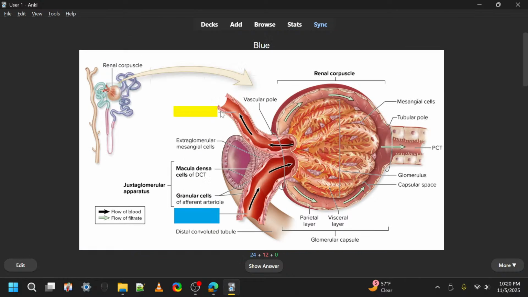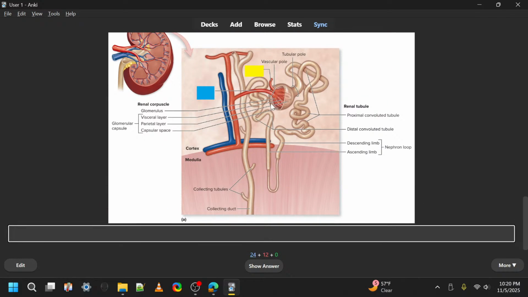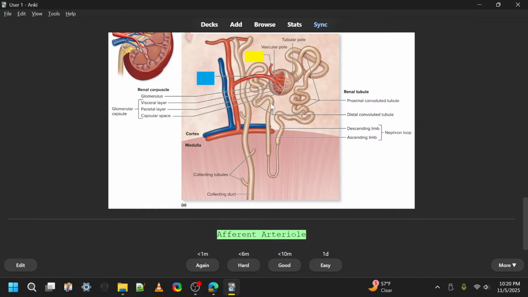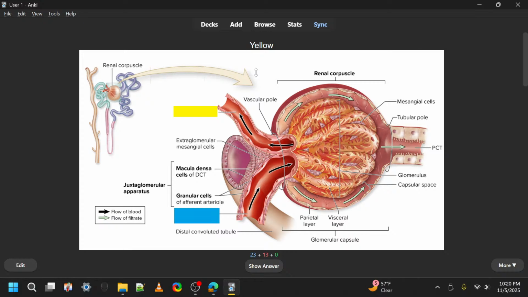Alright. Oh, so which one is the blue? So the blue is going into the glomerulus. So it is the afferent arteriole. Afferent arteriole. Heck yeah. The yellow is going out of the glomerulus.